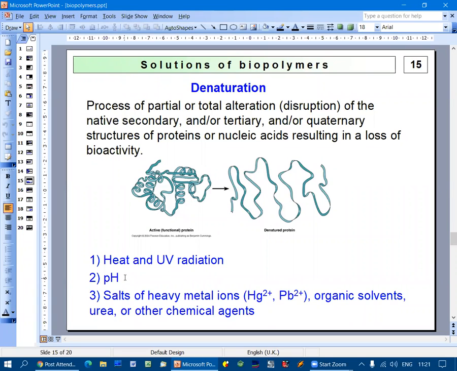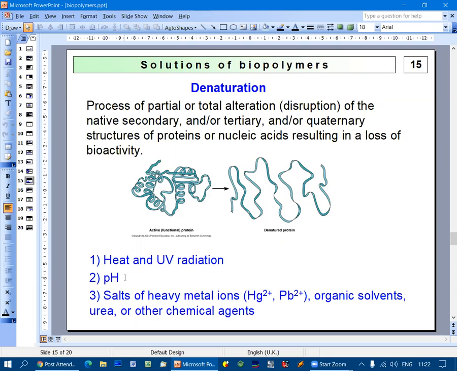Then the change in pH value, because if we increase or decrease the pH value, we change the charge of functional groups in the side chains of proteins, and it will lead to the absence of the charge, and, of course, will disrupt these hydrogen bonds.